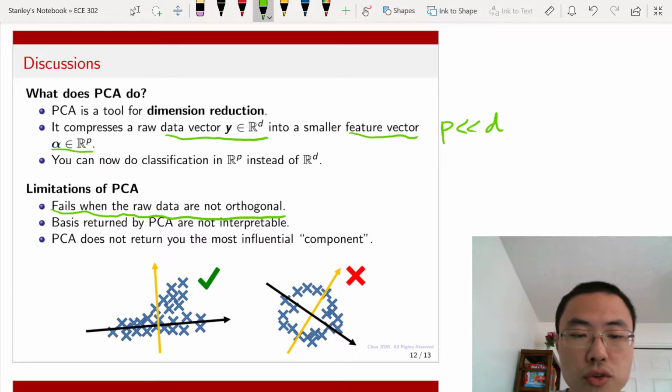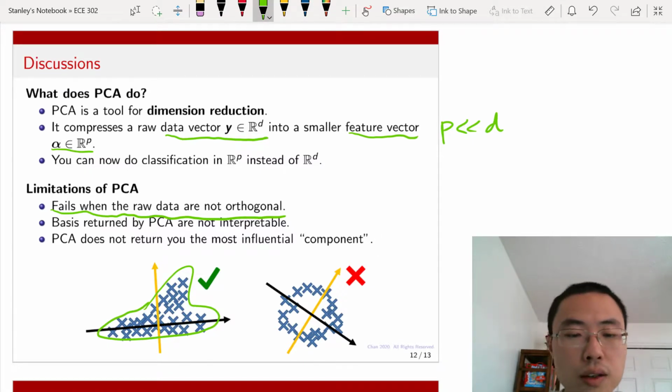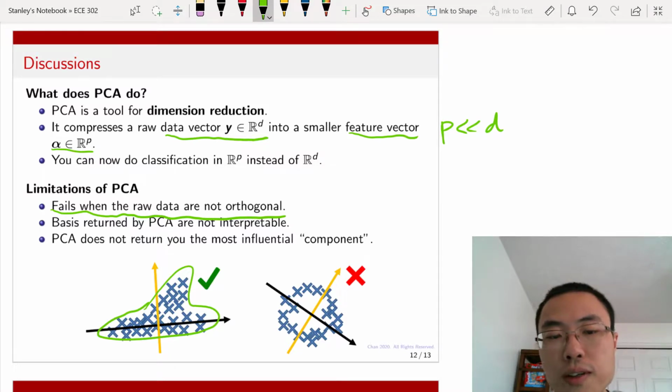Here is a diagram illustrating the situation. Let's say you have the blue crosses living here. For this one you can find the principal component with the black axis and also the yellow axis. Now, certainly the yellow axis is not perfect, but at least it can describe the data.